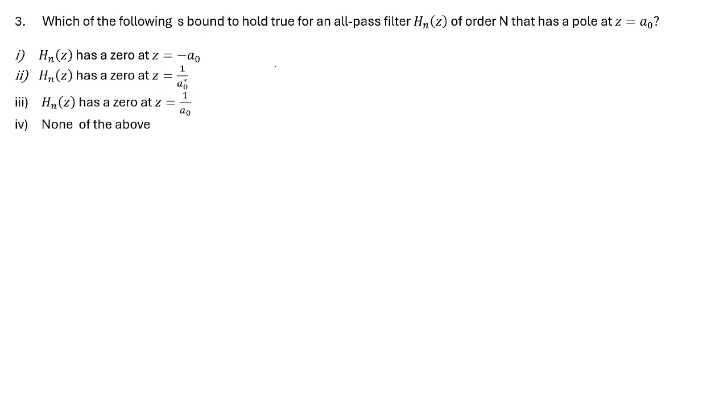So there are a few things to observe. You see, it is said all pass filter Hn of z is of order n. So this Hn is the transfer function of an all pass filter which is of order n. When we see that, what are the immediate things that come to mind? This transfer function is a ratio of polynomials at numerator and denominator.